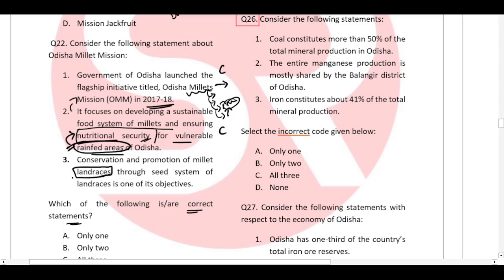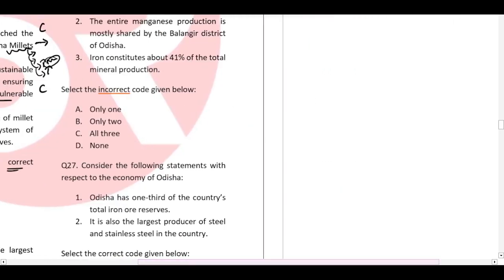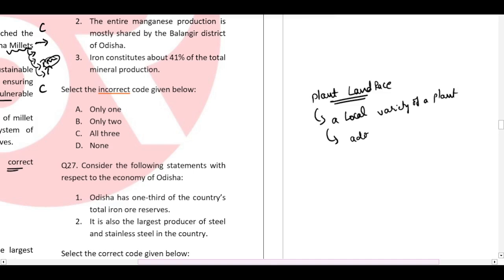A plant landrace is a local variety of a plant that is very well adapted to the local environmental conditions, and the farmers have been growing them for a long period of time.